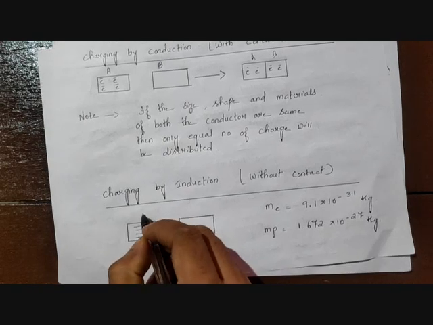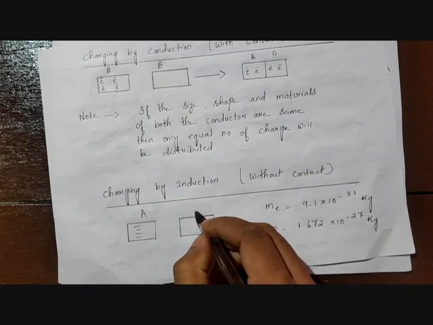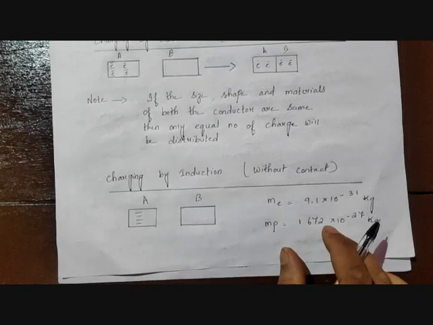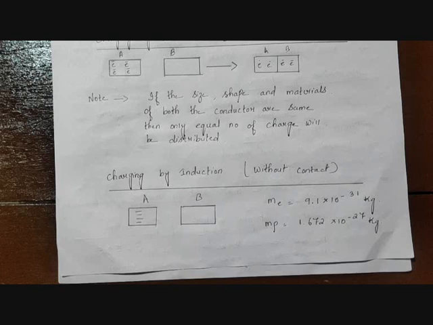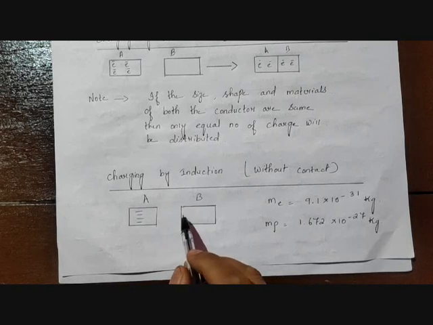Suppose this is body A, this is body B. Actually it's a minus, so minus indicates your electrons. Now these two bodies will come close to each other but will not come in contact. This is called charging by induction. Clear? Now see, if we bring these two bodies close to each other, what will happen?